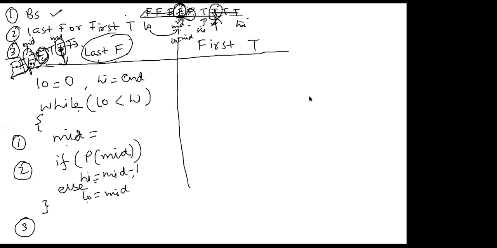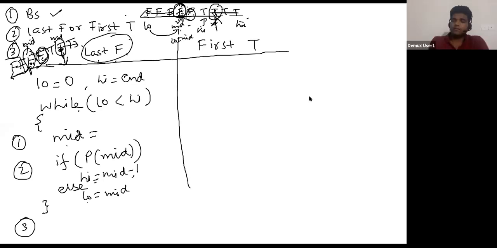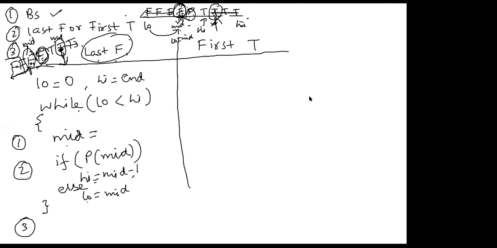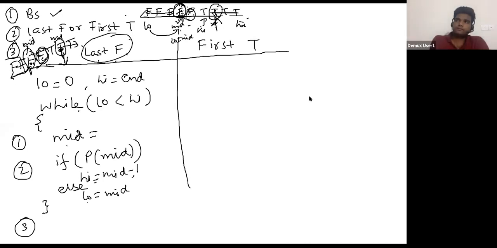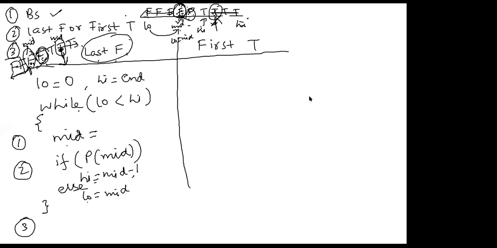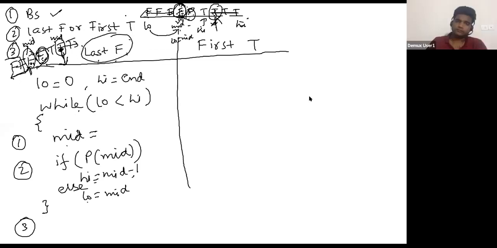Okay. I did not get your question completely, maybe. So I'm asking, if we are using a predicate which is giving a series of all falses or all trues, let's say, then what? We are finding the first false, last false and first true here, right?